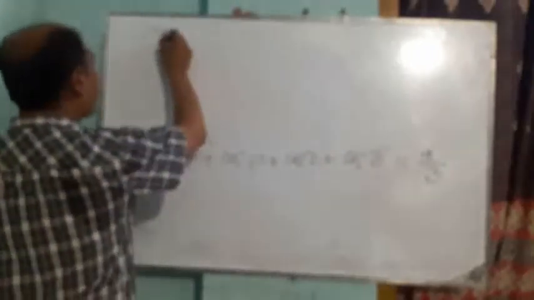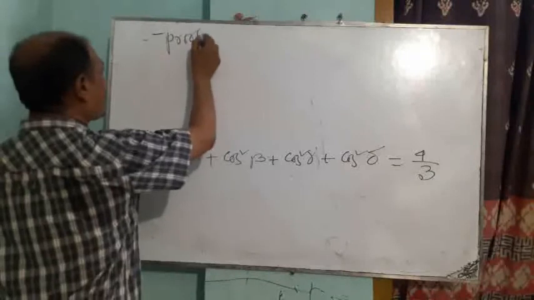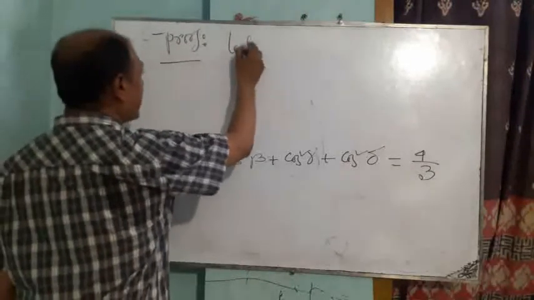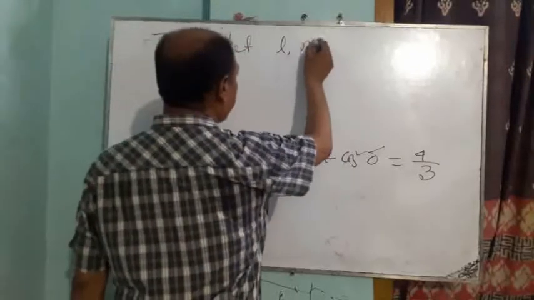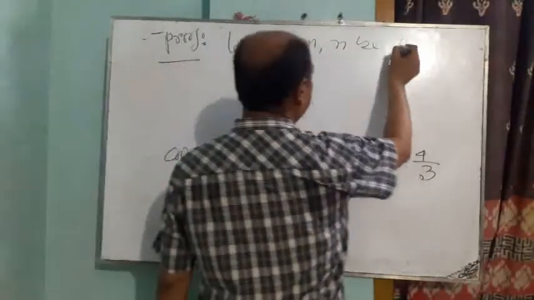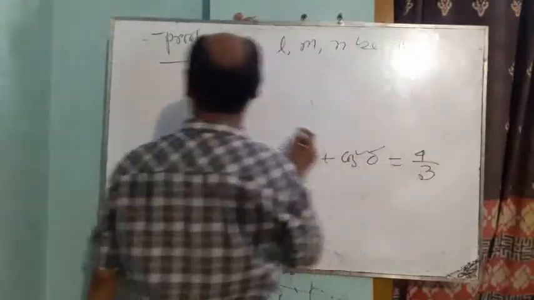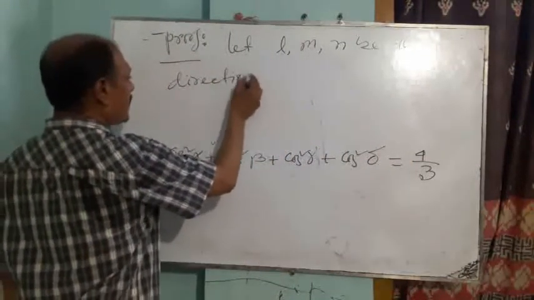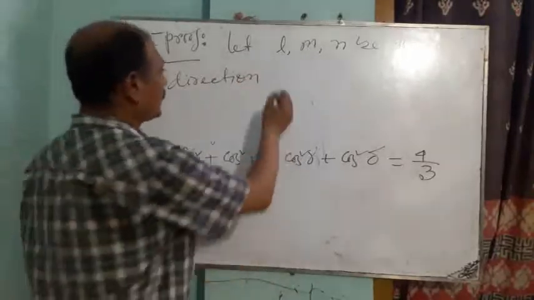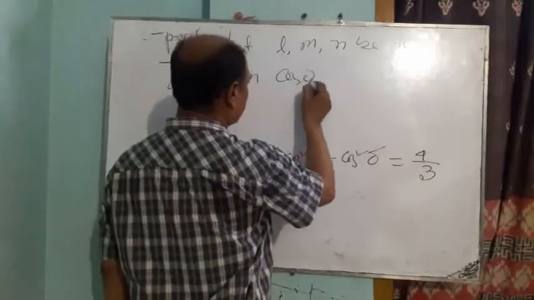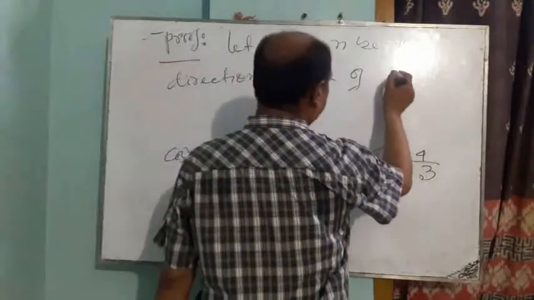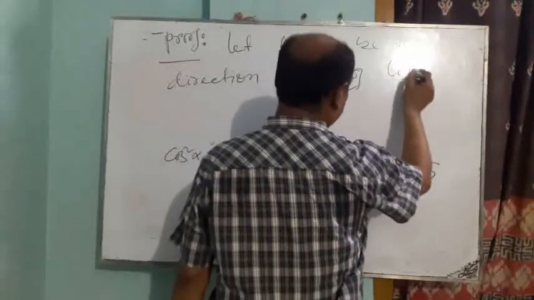Proof. Let L, M, N be the direction cosines of a line.